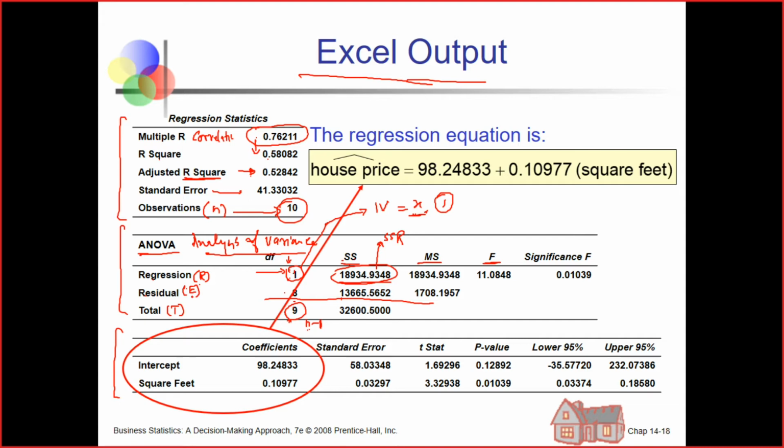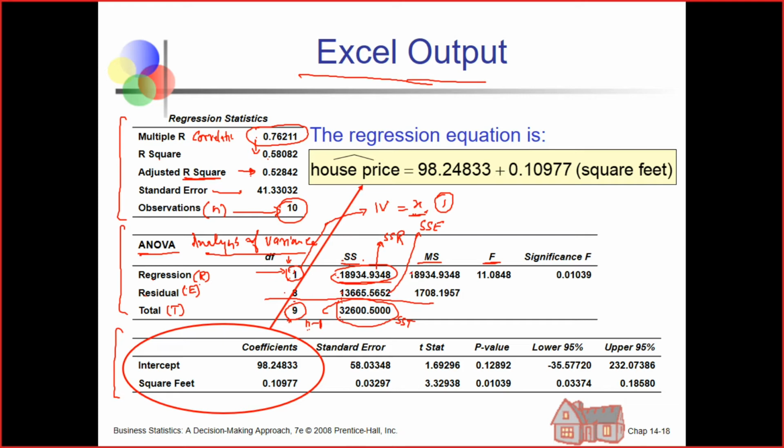This is the sum of squares of residual or error, so this value is called SSE. Please remember, these are very important. And this is SST, the total. So SSR plus SSE is equal to SST.